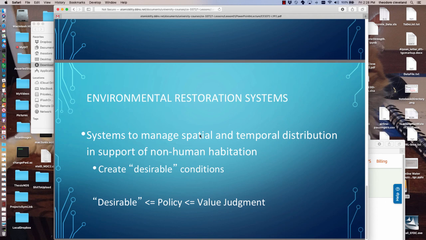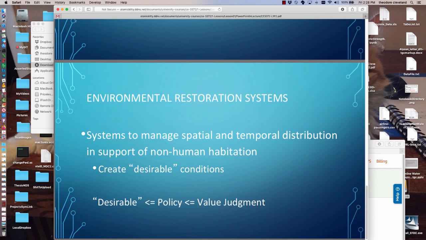Doesn't end too good for the duck, actually, and that would be desirable. Once that policy is set, designing such a wetland system is to some extent straightforward.